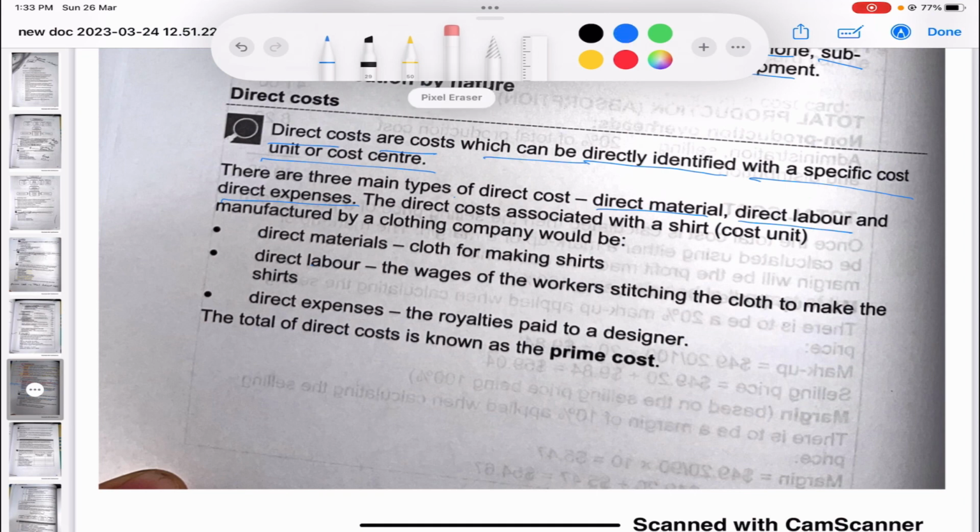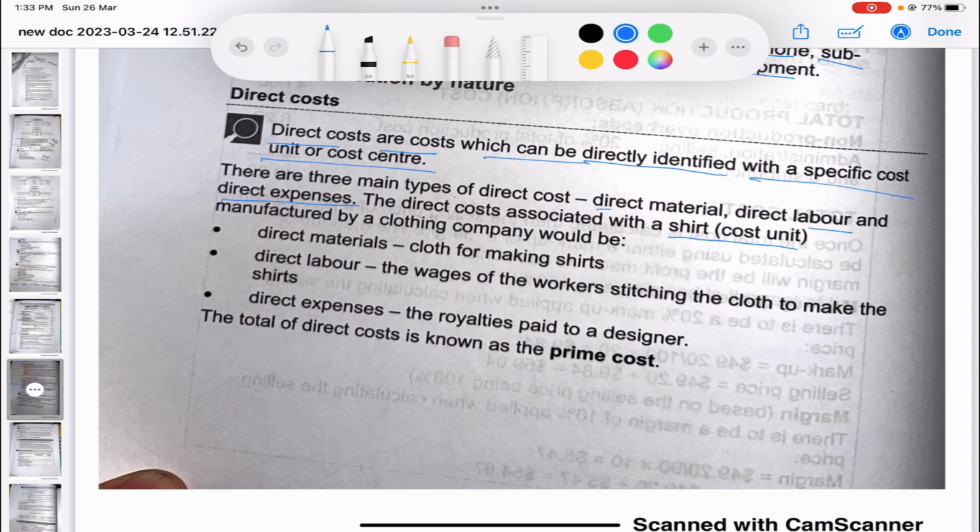What was the classification of the element? Material, labor and expenses. Now you can further classify that into direct and indirect. So direct are those which are specifically used in the production. So let's discuss them. For example, let us take a shirt. Let us take the cost unit to be a shirt, which is manufactured by a clothing company.